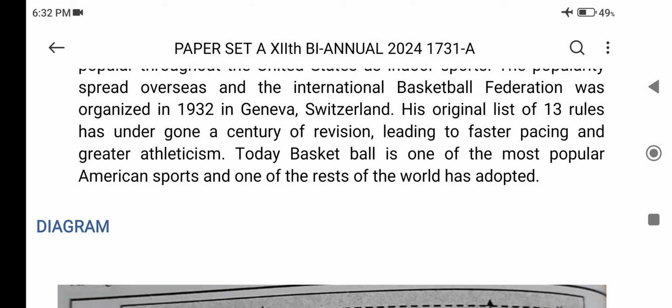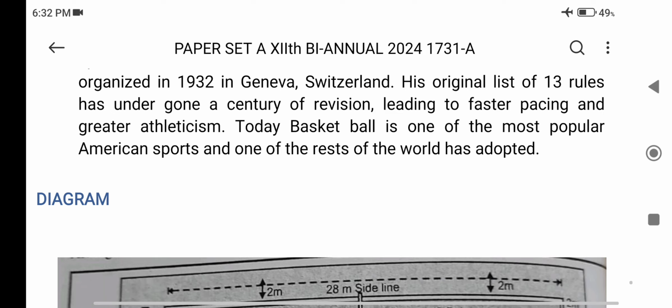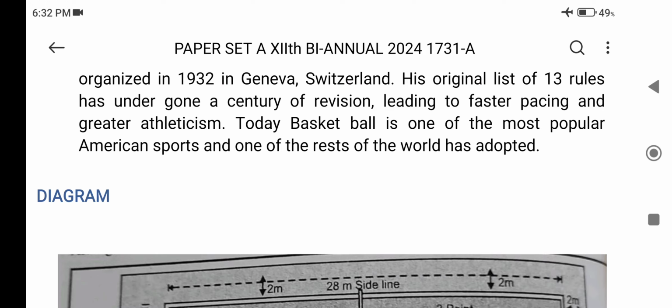His original list of 13 rules has undergone a century of revision, leading to faster pacing and greater athleticism. Today, basketball is one of the most popular American sports and one that the rest of the world has adopted.